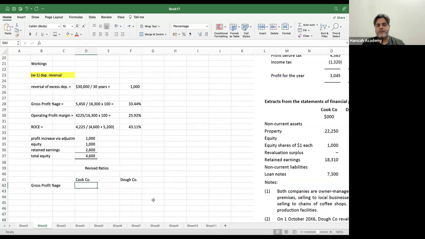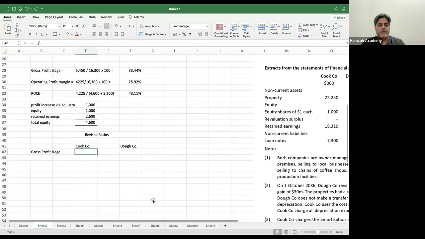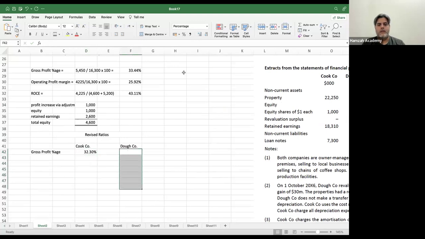The gross profit percentage for the Cook company is 32.3, and then the revised one is 33.44%.